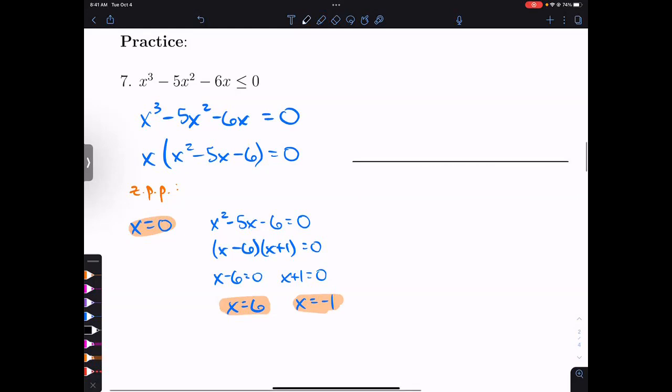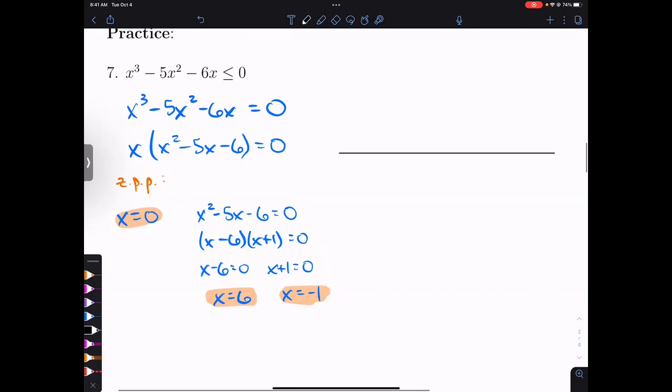For the inequality, here's a number line. I'm going to plot those, -1 and 0 and 6. As usual, those kind of break everything up into pieces.